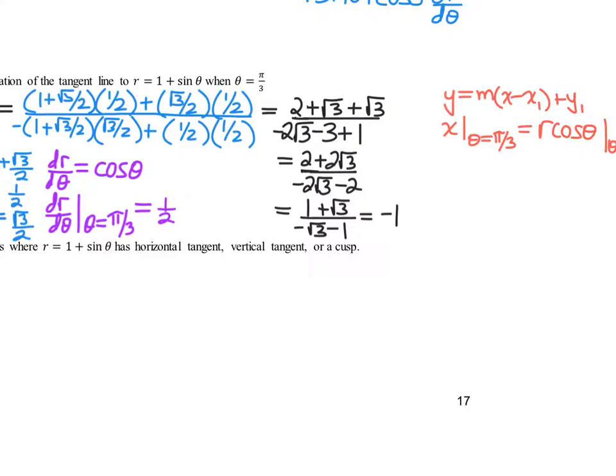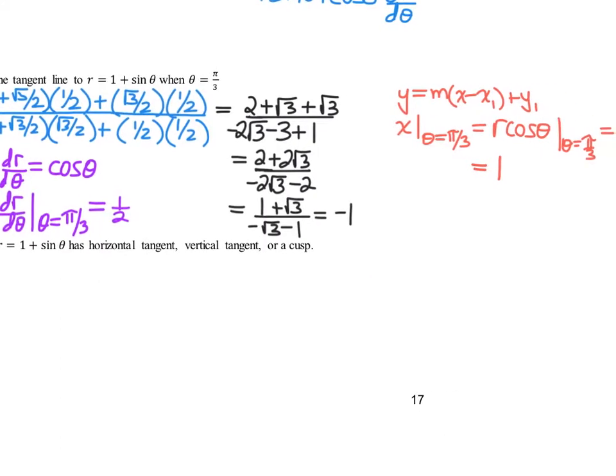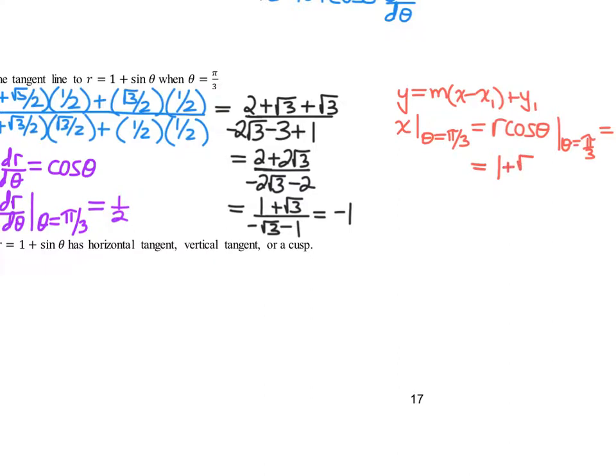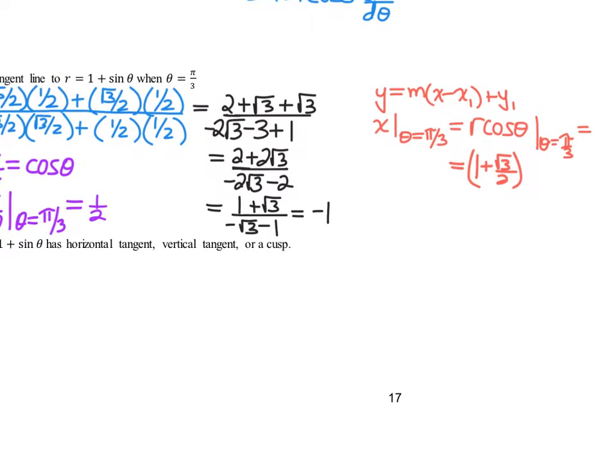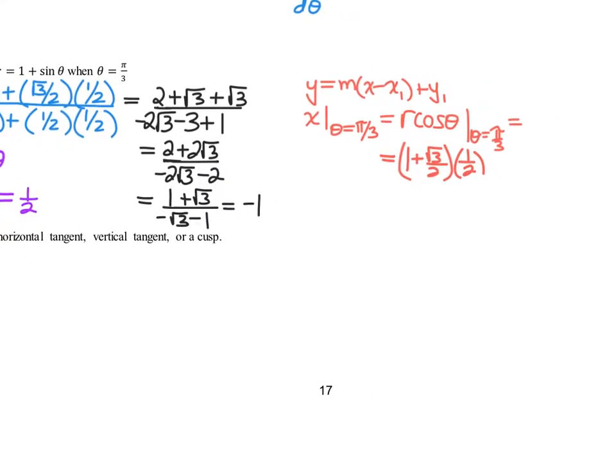So 1 plus root 3 over 2, and from that, we would clean it up, ideally using correct mathematics. 1/2 plus root 3 over 4.